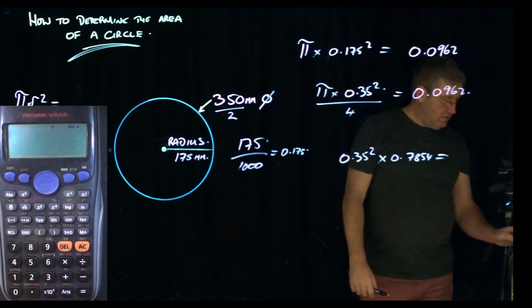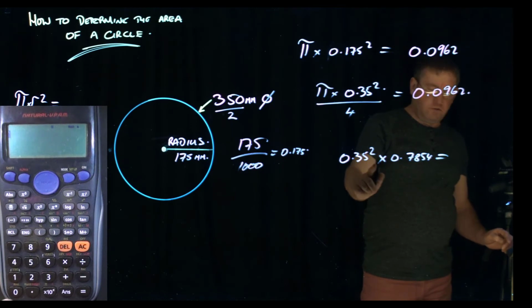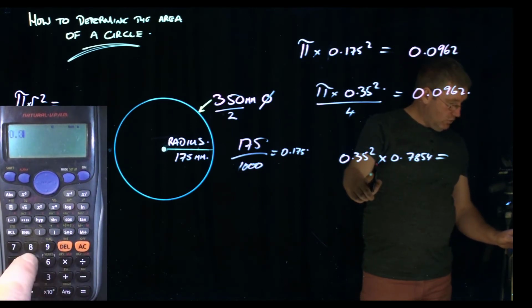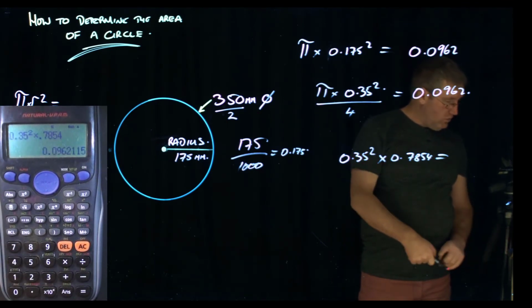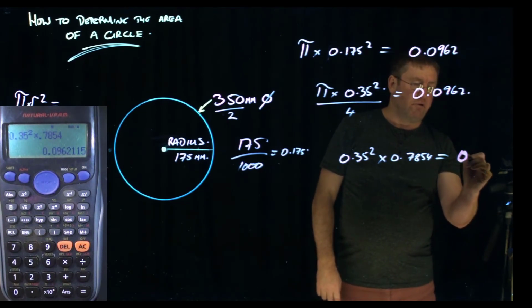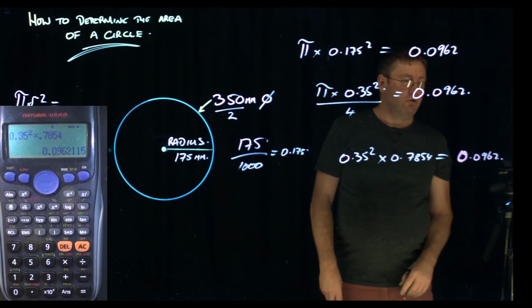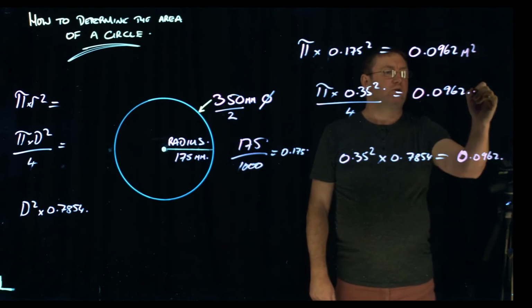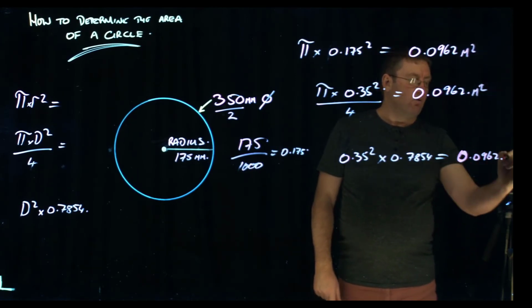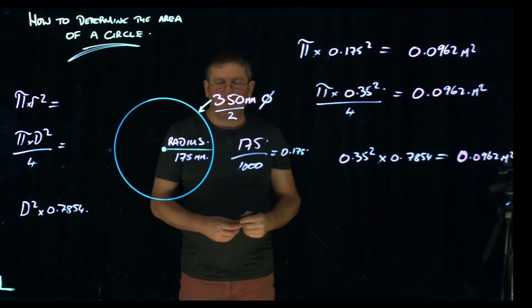Last one, d squared times 0.7854, so it's 0.35 squared times 0.7854 equals exactly the same number on the screen, 0.0962. And these are all meters squared, because we put the data into the calculator as meters.